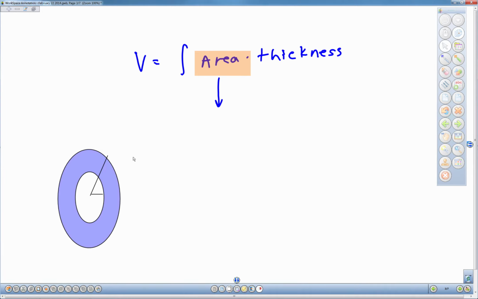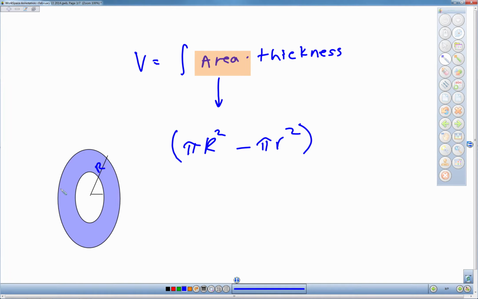There we go. So hopefully what you would tell me would be, well, Mr. Havenhill, this isn't too complicated. This is still pi times big R squared minus pi times little r squared.